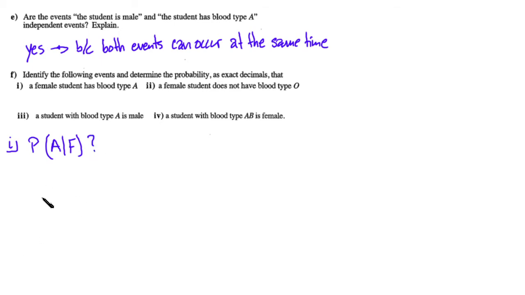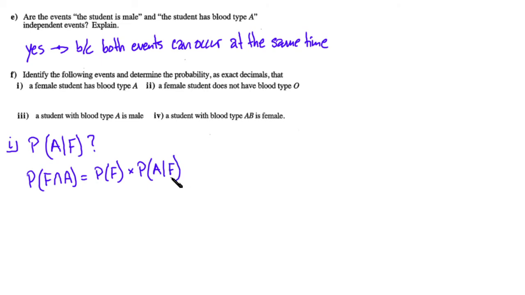So again, we're going to be using the formula for dependent events. So it's going to be the probability of a student being female and having blood type A equals the probability of a student being female, which we already know, we calculated it earlier, times the probability of a student having blood type A given that the student is female.